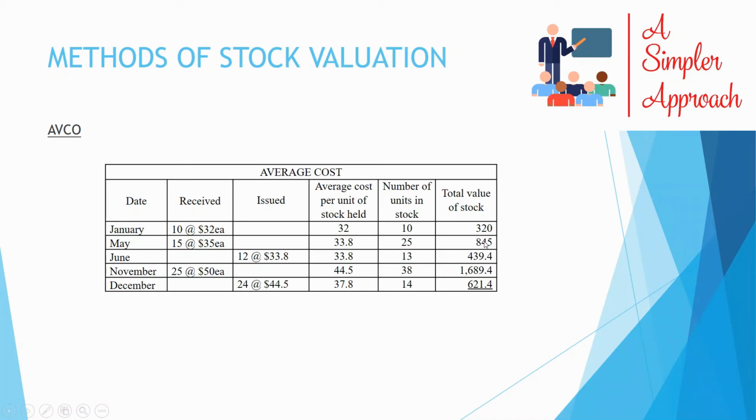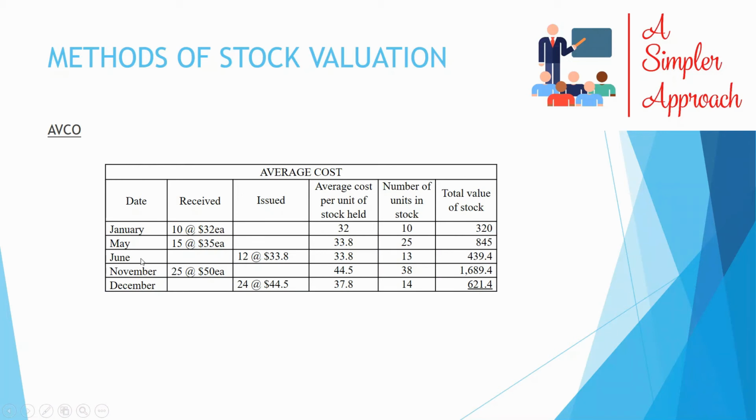That must be done straight out. Okay? Cool. So that's the value of stock we have. How much stock in total do we now have? 25. We had 10 before and we just bought 15. 15 plus 10, 25. What is the average cost? Divide 845 by 25 and you get 33.8.